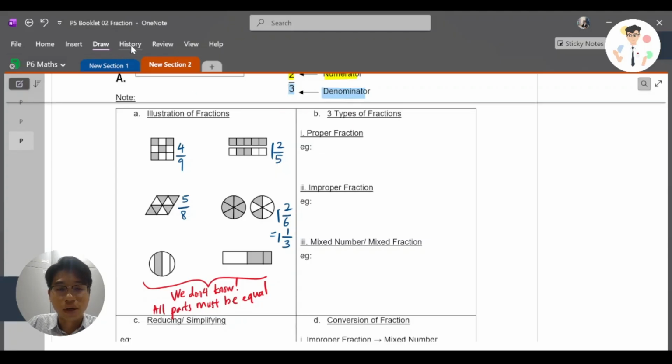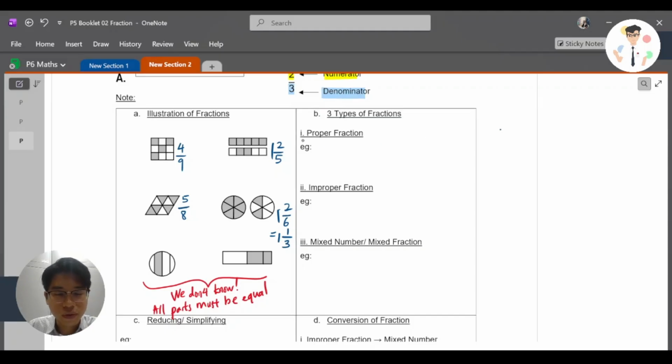Okay, let's move on to our second part, part B, 3 types of fractions. As you can see, we have different things here, and we can organize them into 3 different types of fractions. The first one is called a proper fraction. Proper fractions are examples like 3 out of 5, maybe 4 out of 7, maybe a half, 1 out of 2.